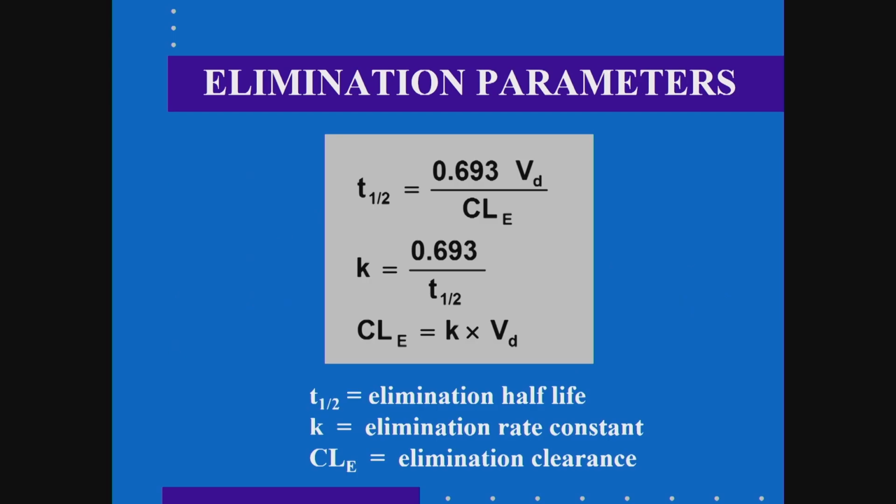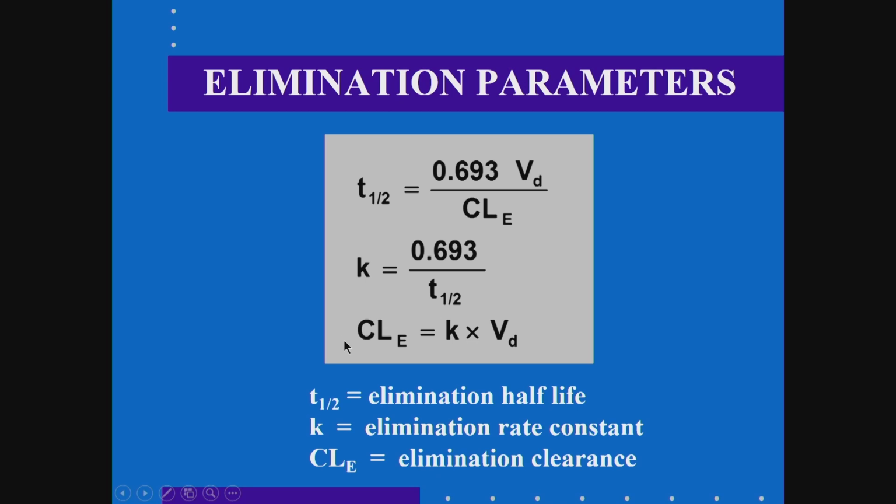So let's look at some simple equations here referring to the half-life, again assuming first order kinetics of elimination. The half-life can be estimated as the product of the natural logarithm of 2 times the apparent volume of distribution divided by the clearance of elimination for that drug. The first order elimination rate constant can be estimated as the ratio of the natural logarithm of 2 over the observed half-life.